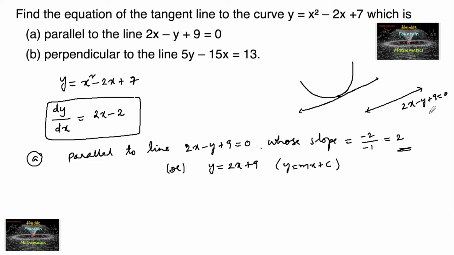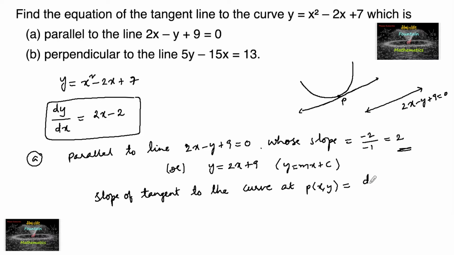Slope of the line is 2, and since it is parallel to the tangent line, the slope of tangent to the curve at some point P(x, y) is given by dy by dx, which is 2x minus 2, and since this tangent and the line are parallel, 2x minus 2 is equal to 2.